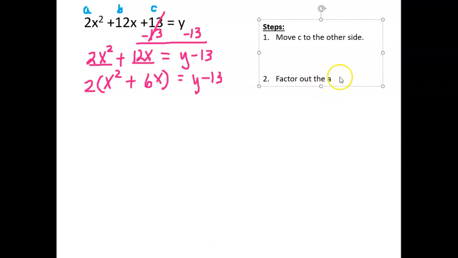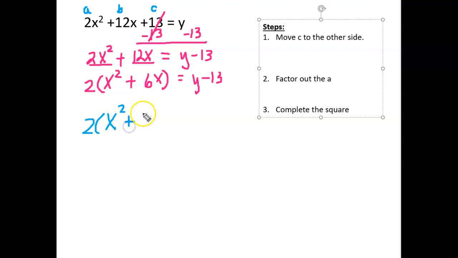Okay, now the next step, we are going to complete the square. So that means we need to add a new number inside the parentheses here so that we end up with a perfect square trinomial.